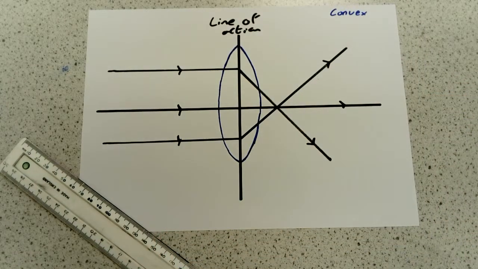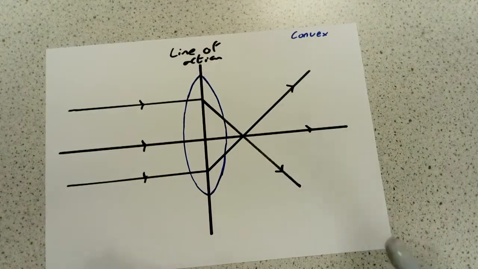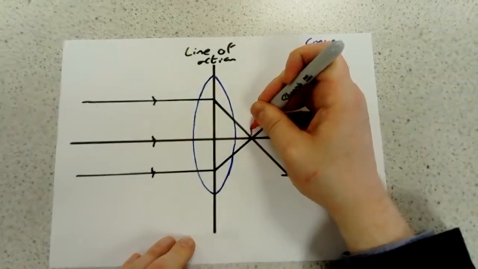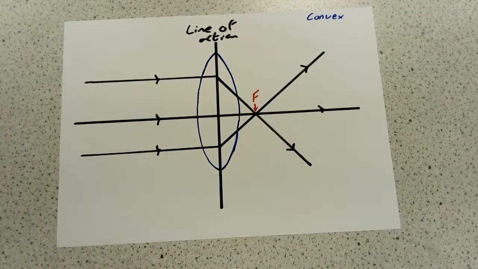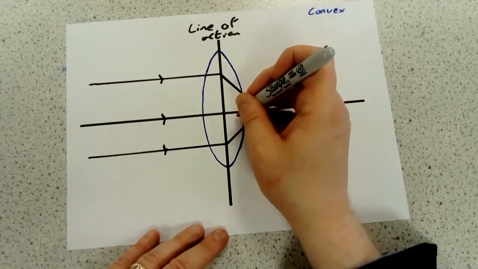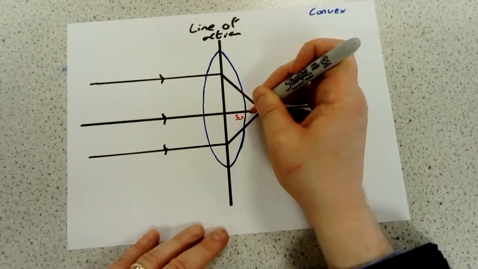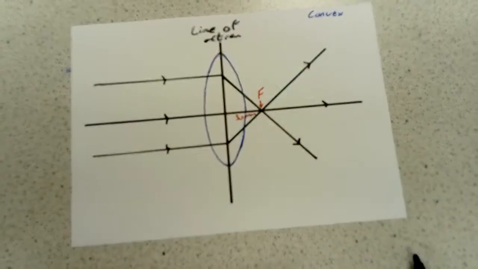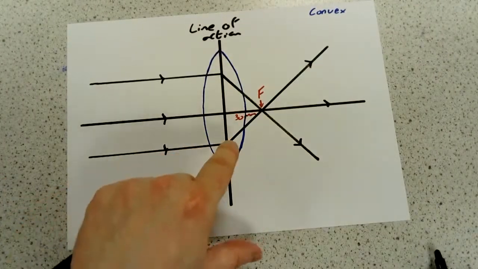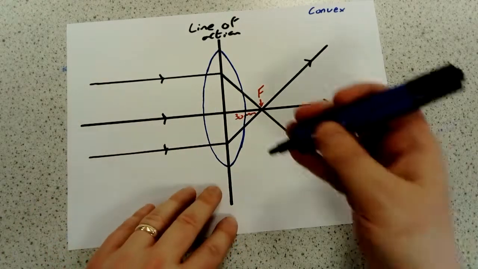So on this particular diagram, that position just there would be our focal point and would be roughly 30 millimeters away from that line of action. So that is how we're working out where that focal point is.